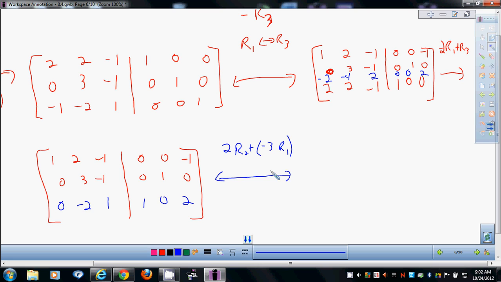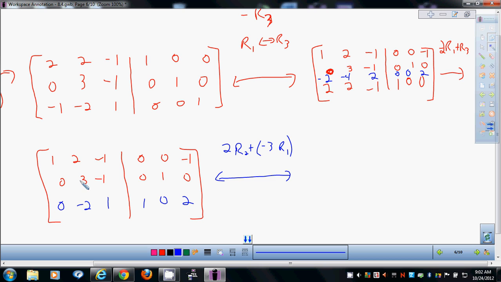What do I need to do for the bottom row? Who can tell me what I have to do for the bottom row? What could I multiply these two things by so that they're a common number that will cancel with each other? Yeah, positive 2 and positive 3.